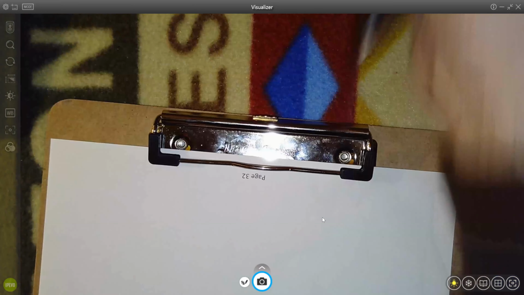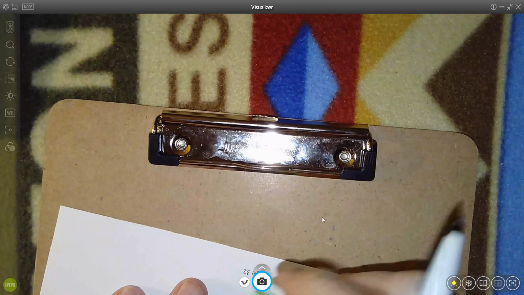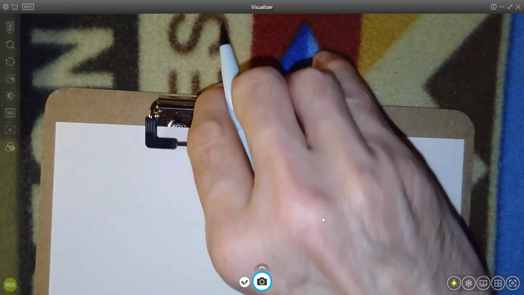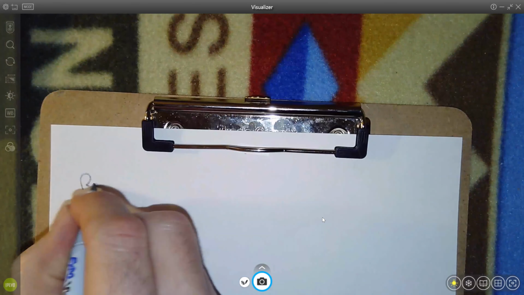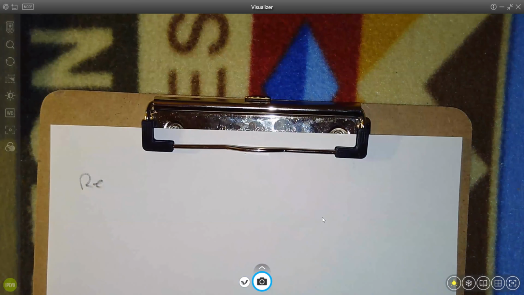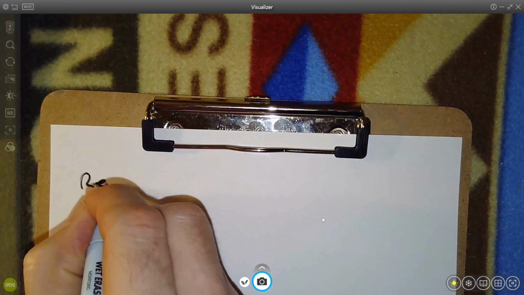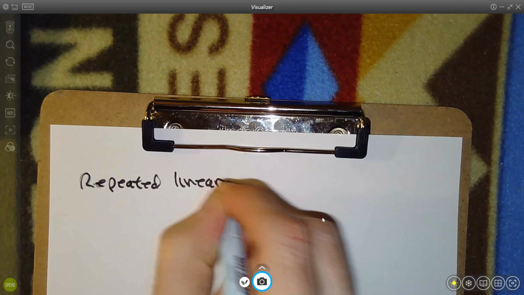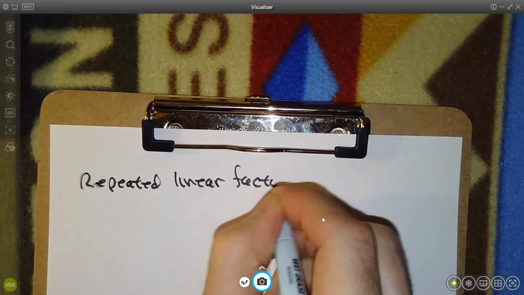So let's start with some of those. So let's just get rid of this, and we'll look at the repeated linear factor case.